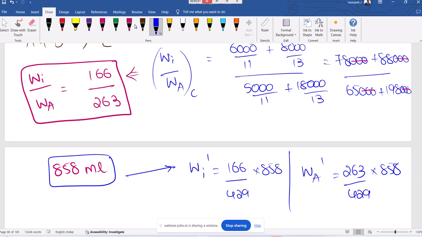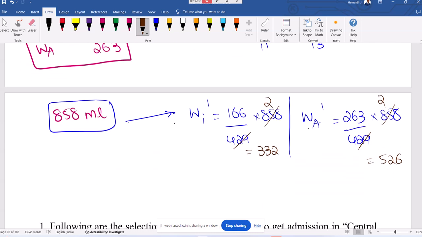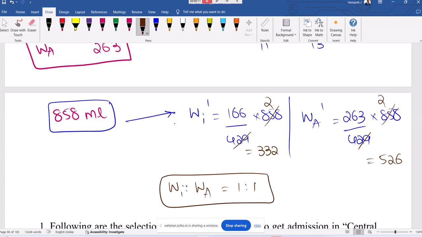Now this is 2 times. We got 526 part of water and 332 part of wine. The resultant: wine is 332, water is 526. Now the question is asking that both should be in equal ratio, 1:1. How much pure wine should be added?